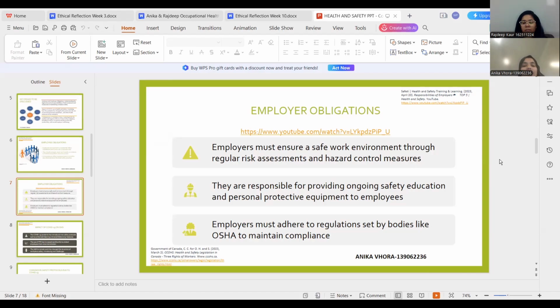Another one is that they are responsible for providing ongoing safety education, such as about personal protective equipment, which is really important for employees to wear, especially in places which are really hazardous. Third, employers must adhere to regulations set by bodies like OSHA to maintain compliance.